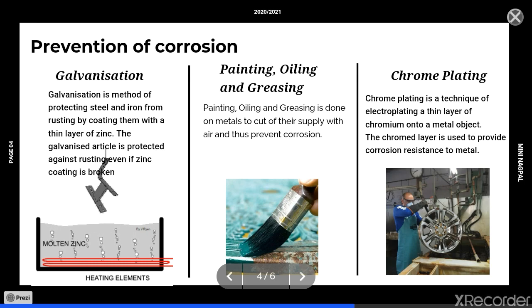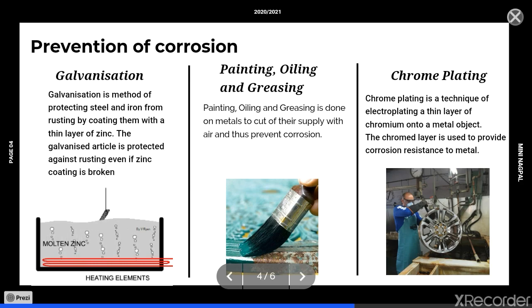One of them is galvanization. Galvanization is a method in which metal is dipped in zinc metal to form a thin layer of zinc on its surface. This process is called galvanization. When it develops a thin coating of zinc on its surface, the metal is said to be galvanized.